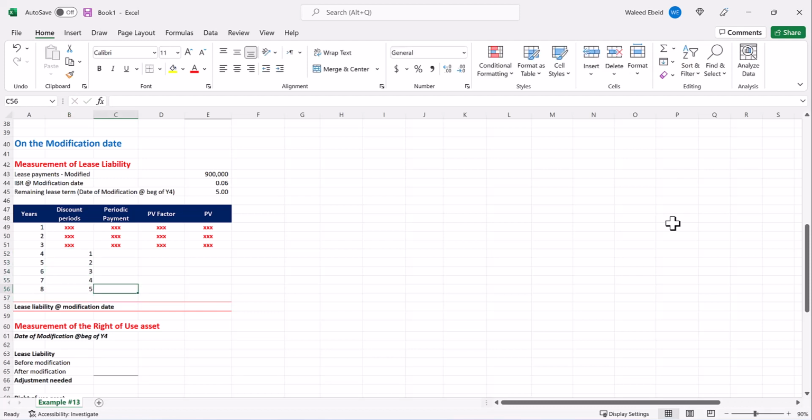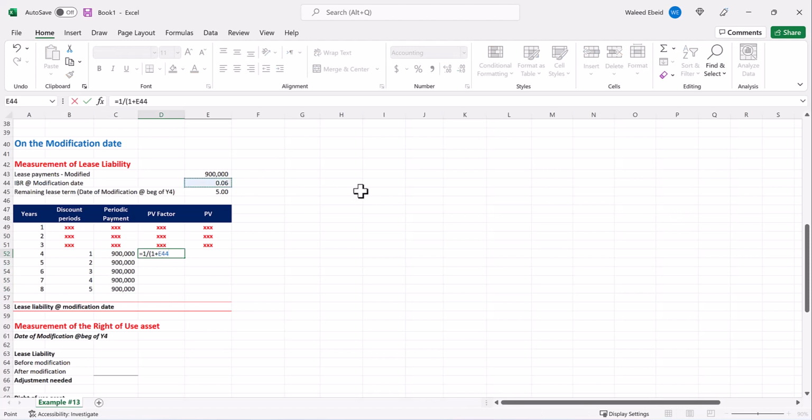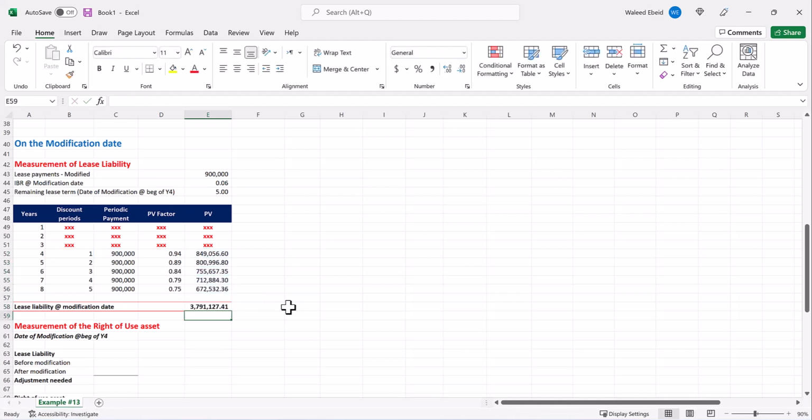Insert the discount periods for the remaining years starting from year 4, the revised periodic payments, then the present value factors using the revised discount rate of 6%, and this is the revised lease liability as of the modification date.